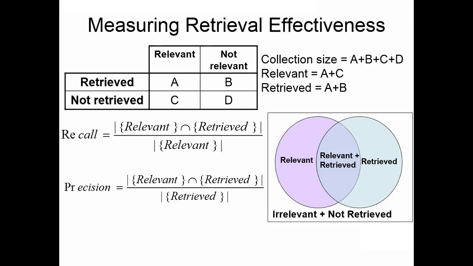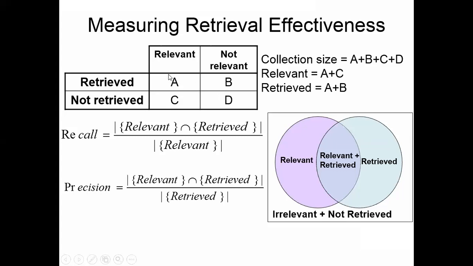Why we need the relevance judgment is to come up with the confusion matrix, which is column-wise relevant, irrelevant, and row-wise retrieved, not retrieved. Then if you see the diagonal line, that is the true positive and true negative.